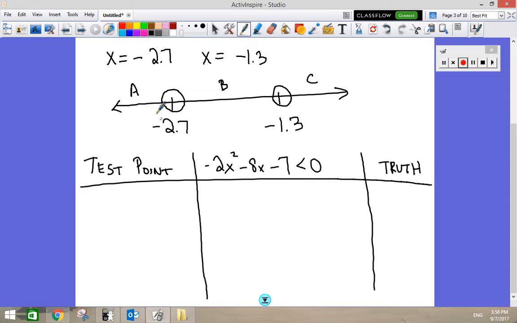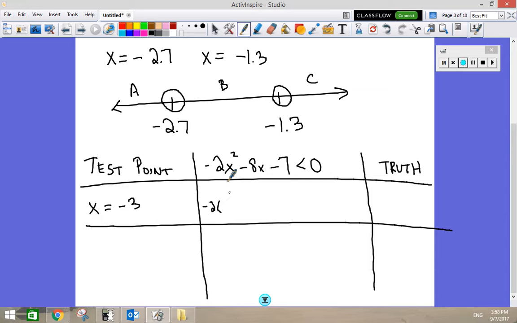Now let's come over to region A and pick a test point. A number that's to the left of -2.7 would be -3. So let's take -2 times -3 squared. Well, -3 squared is +9. And now -8 times -3 is +24, minus 7.